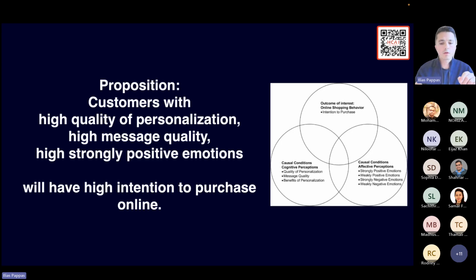So a proposition here could be: customers that have a high quality personalization, high message quality, and strongly positive emotions will have a high intention to purchase online. So looking at past literature, this is a proposition that should hold true.